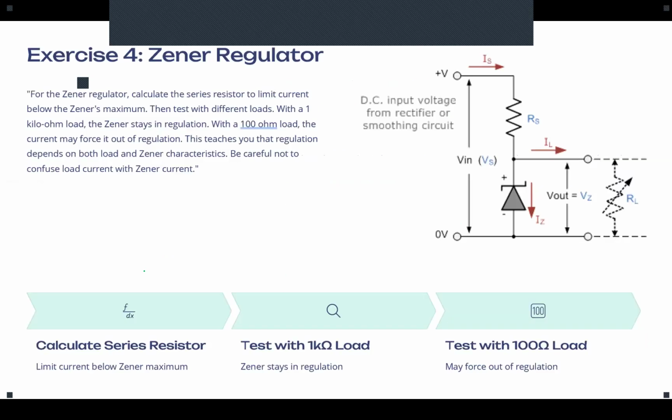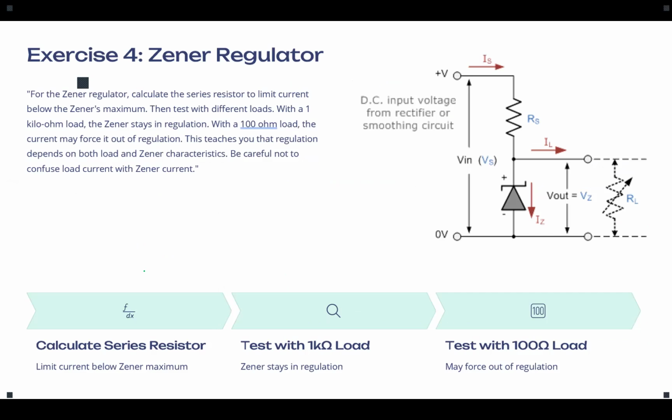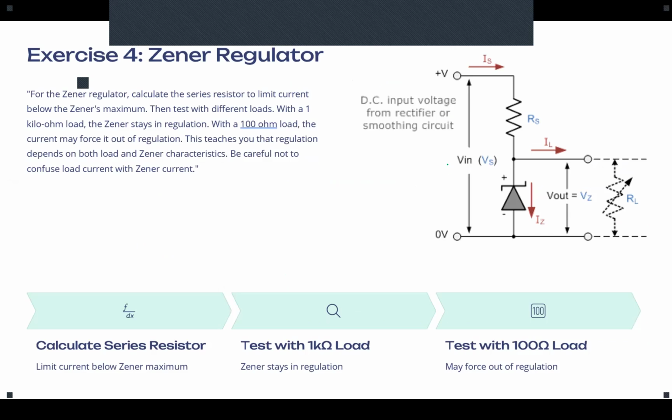For the voltage regulator, you have exercise 4, in which you have an unregulated voltage source. You have the safe resistor to make sure you don't burn your Zener, and you have to calculate the value, remembering the safety factor. You put your Zener in reverse bias, and you have your load, which you need to vary.